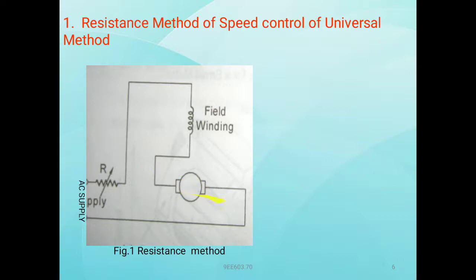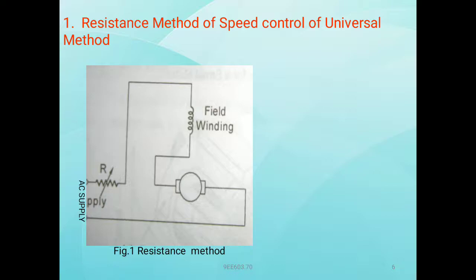The armature's other terminal goes to the supply negative or neutral. So this resistor, field winding and armature are all in series.